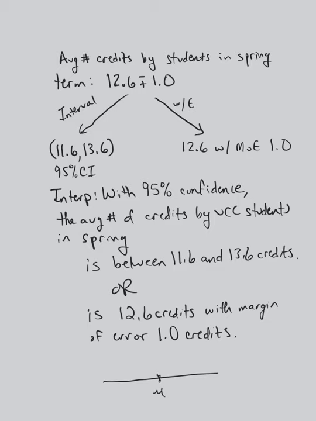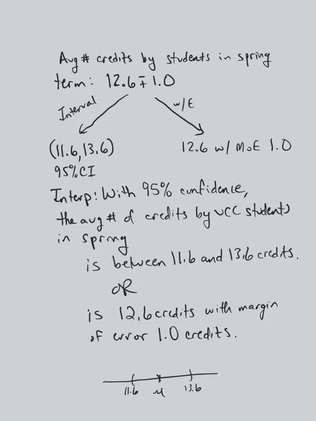And what we just found out is that that population average is between 11.6 and 13.6, okay? But we're not talking about numbers of credits. We're talking about the average number of credits, okay? And so be careful of that, especially in homework and tests. Whenever I tell you to give an interpretation, you're talking about the average. You're not talking about just numbers of credits.